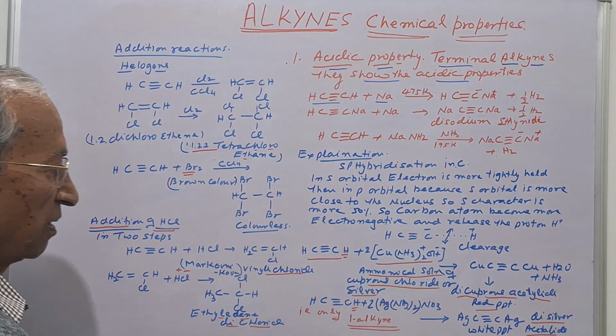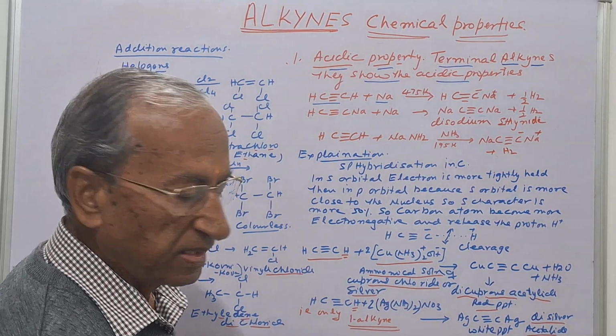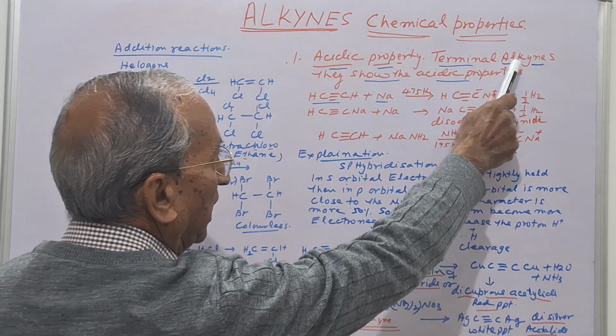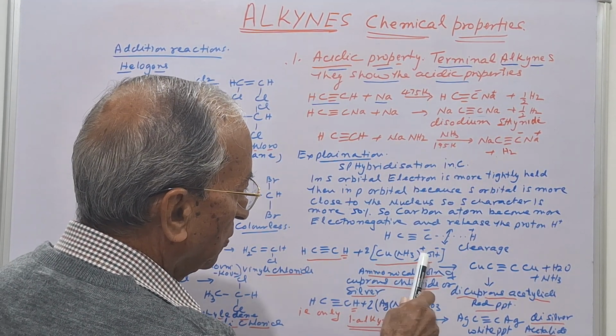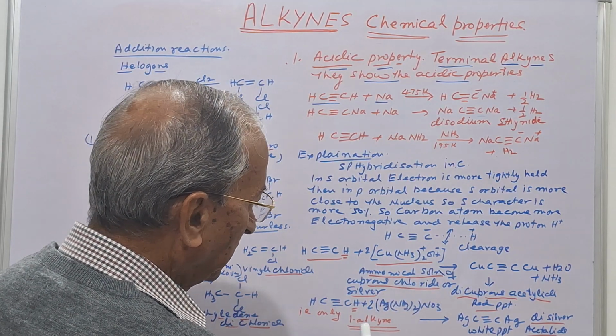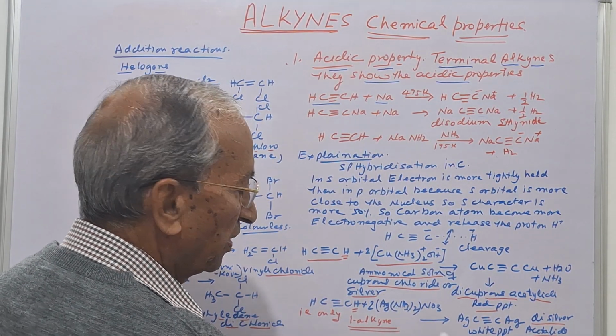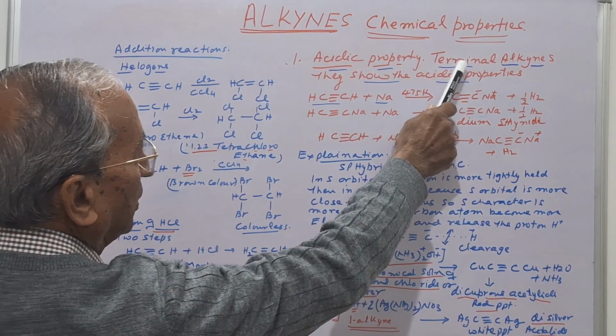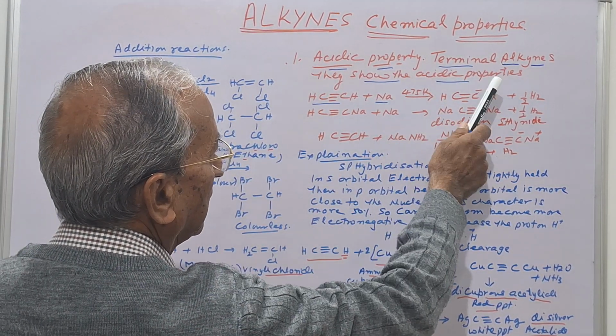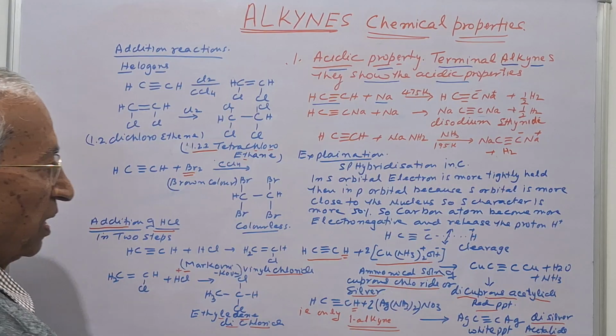Now, it is a test for the alkynes: red precipitate with cuprous chloride and white precipitate with diammine silver nitrate. So the point is how terminal alkynes are acidic in nature.